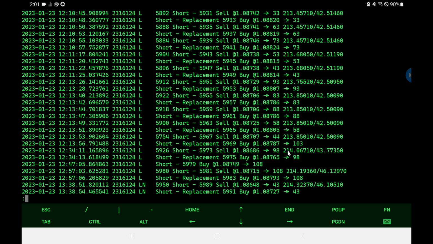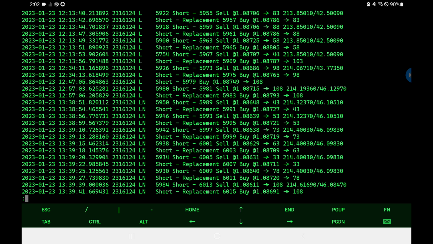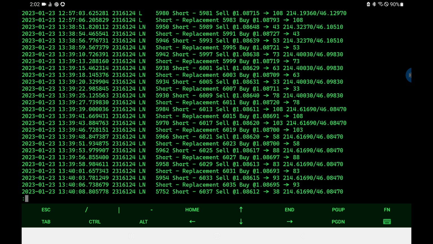So it gained roughly $1.75 to $2 with that last aggressive cluster. And it looks like another aggressive cluster of buying and selling. And you can see my margin really beginning to climb, as well as my balance.